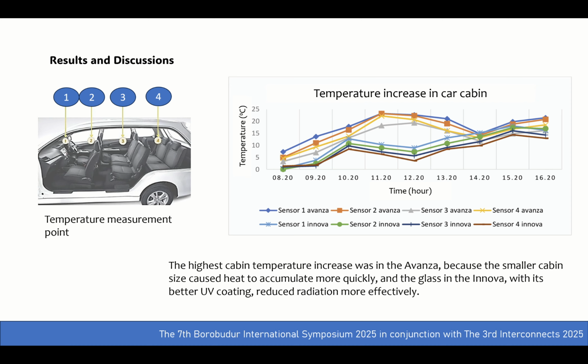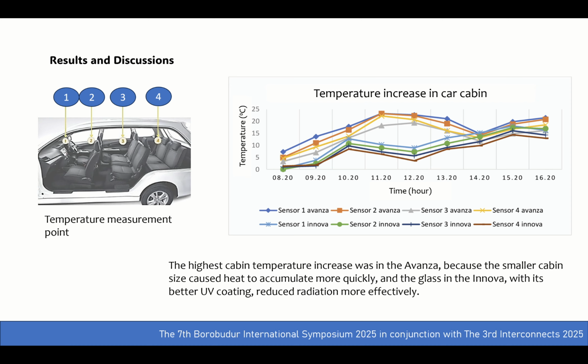We can see that the sensor in the Avanza detects the increasing temperature in the car. In the morning, at 10:20, and then it is higher at 11:12, and then it decreases at 14:12, and increases again at 15 and 16 times.